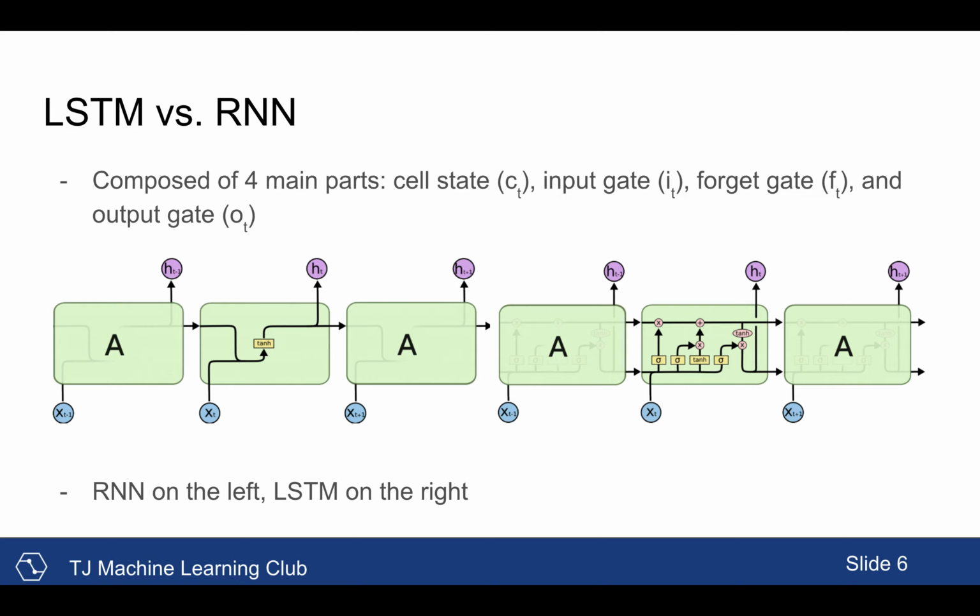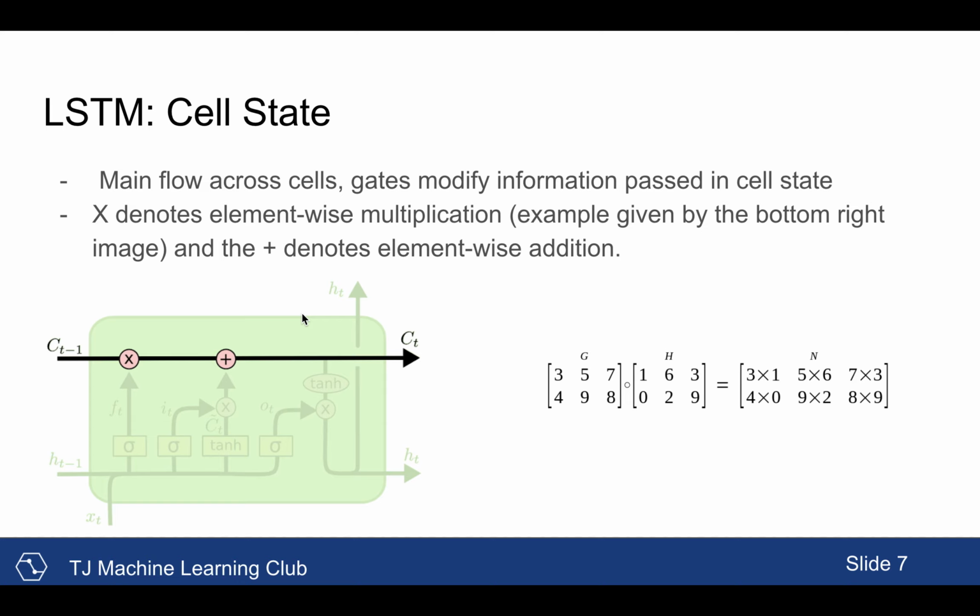We can see how the LSTM, even by initial glance at this image, is much more complex than the RNN through these cells. Here, the cell state serves as the main flow across the cells. The gates modify the information that is passed through the cell state.